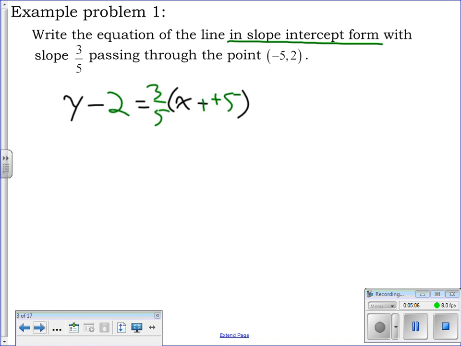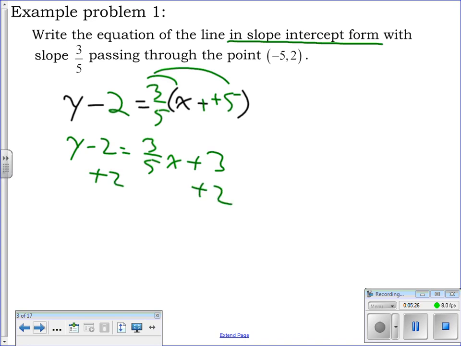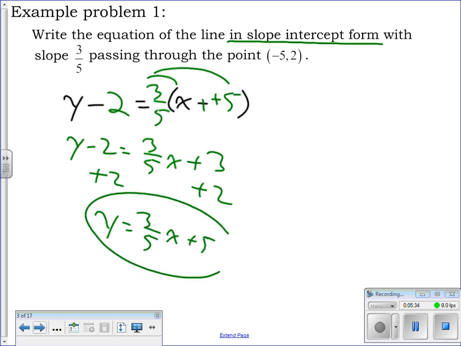Step number 1, distribute. y minus 2 equals 3/5 x plus 3. 3/5 times 5 is 3. Step number 2, add 2 to both sides. y equals 3/5 x plus 5.